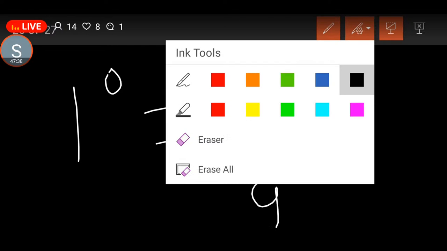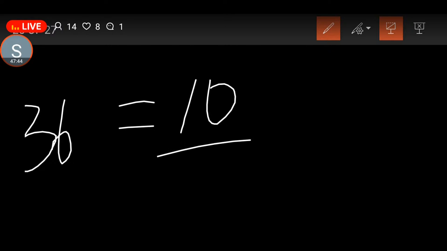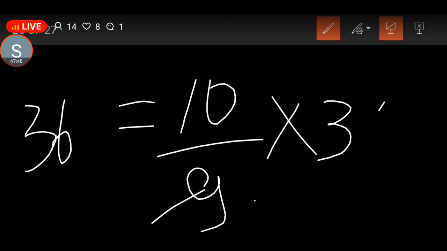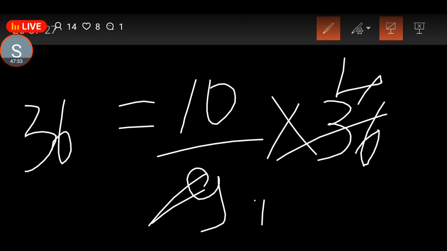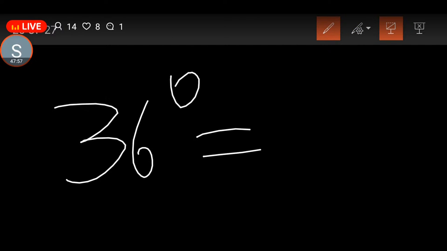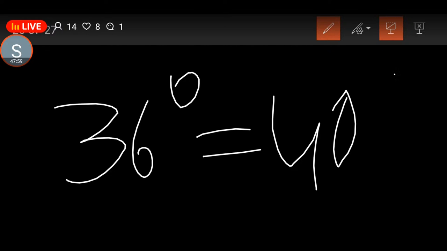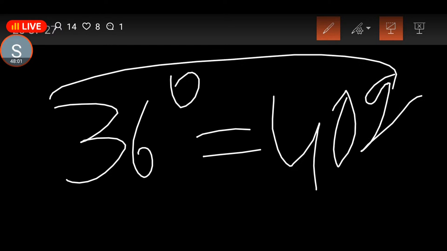We multiply by 36 on both sides, so 36 degrees is equal to 10 by 9 into 36. 9 fours are 36, so 10 into 4 is 40. So 36 degrees is equal to 40 grades. This is the answer to that problem.